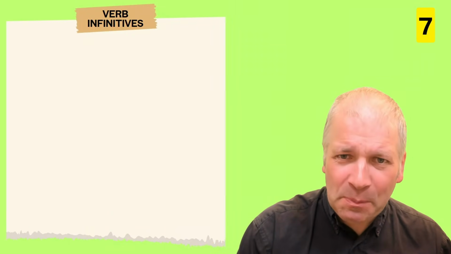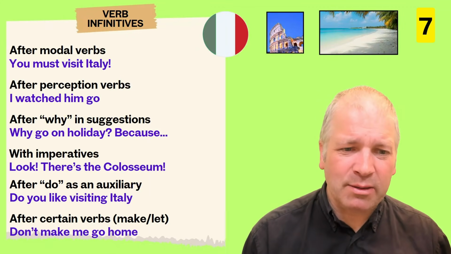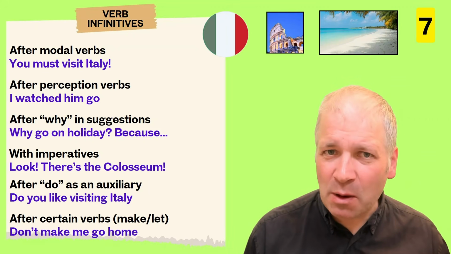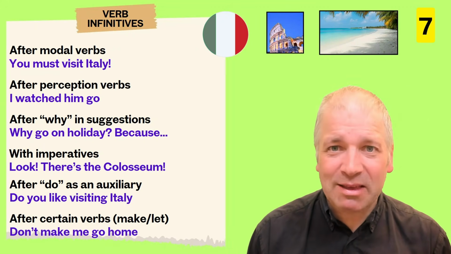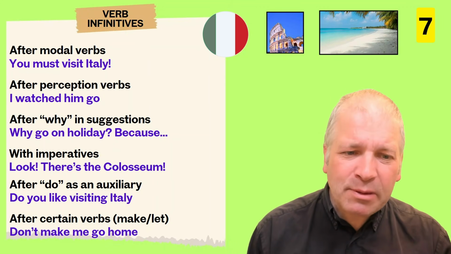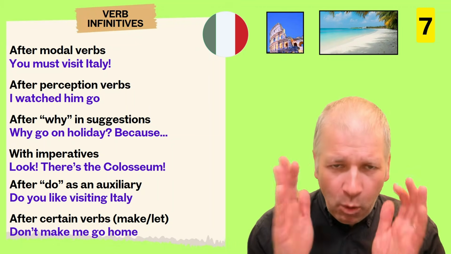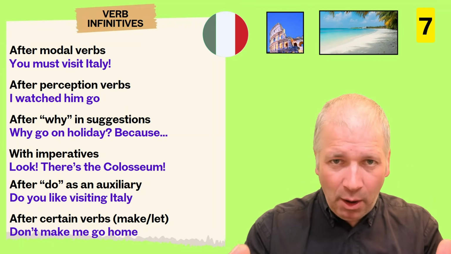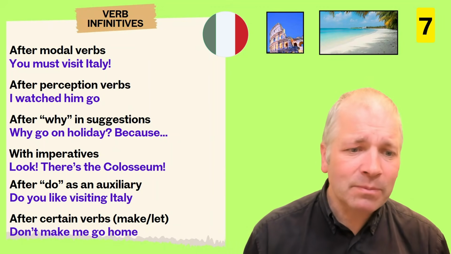Number 7 is verb infinitives. Verb infinitives are used for a number of reasons, such as after modal verbs. We don't use tenses, we just use the infinitive. You must visit Italy. After perception verbs, I watched him go. So watch is to do with what comes out of your eyes. Perception is seeing, hearing, feeling, smelling.